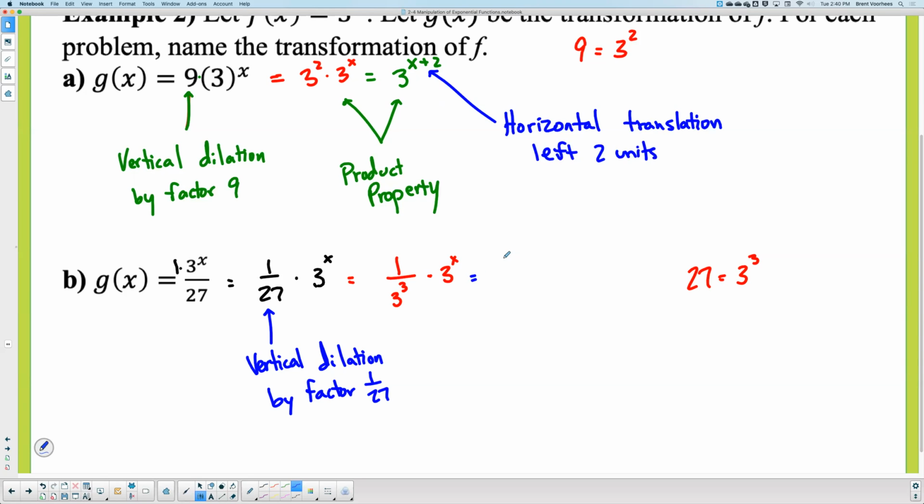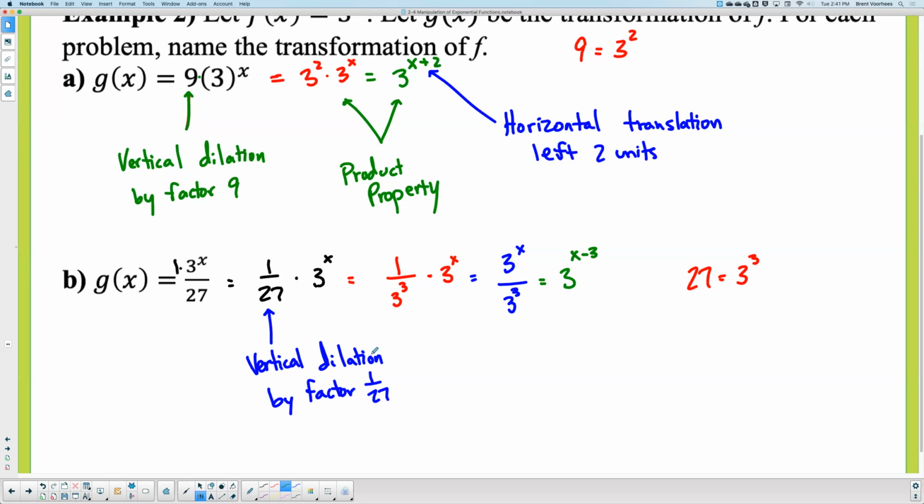This would be the same thing as 3 to the power of x over 3 cubed. And now what property could I do here? Quotient. The quotient property tells us that if it's the same base being divided, you can combine your bases and subtract the powers.